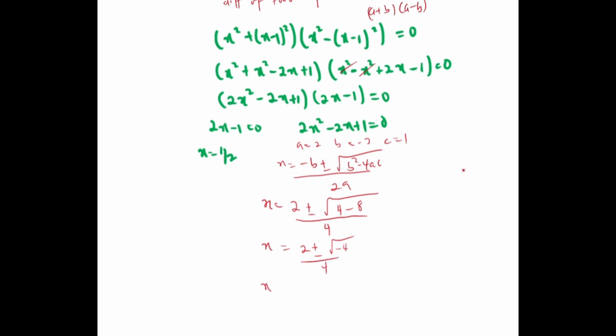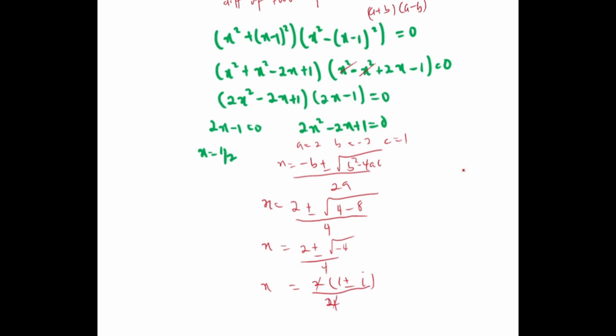So here x is going to be 2 into brackets 1 plus or minus the square root of negative 4, which is 2i, so it should be plus or minus i, over 4.